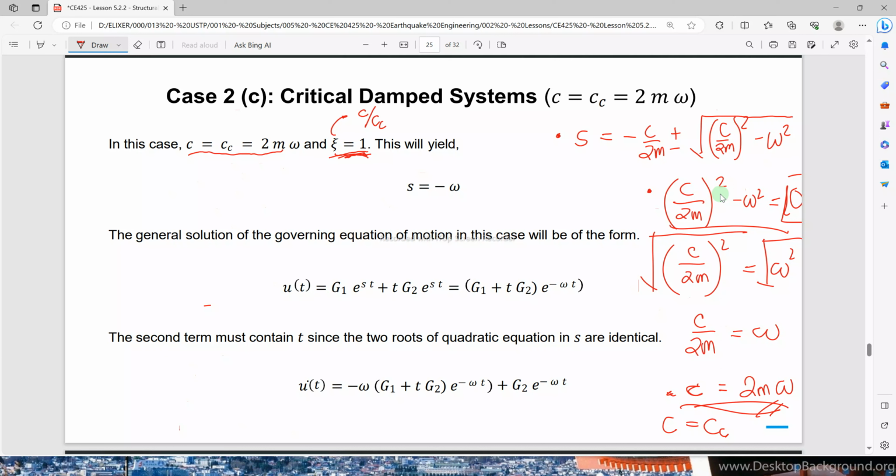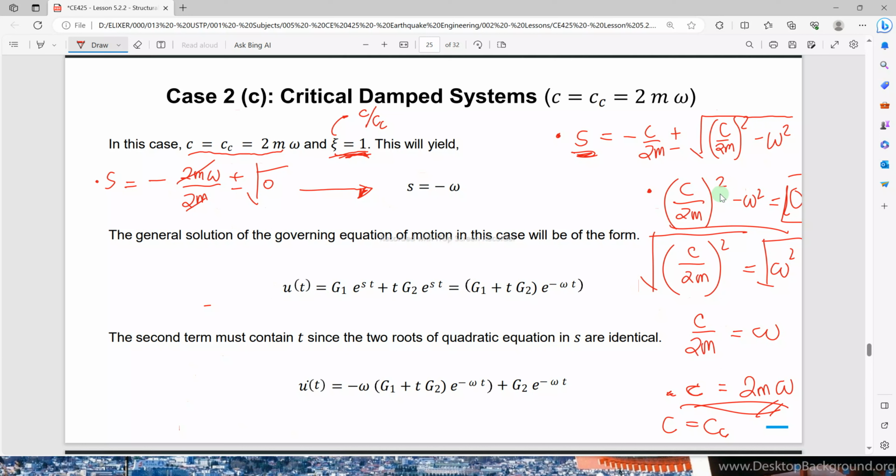And then our root s, if we just substitute the value of c, we have s is equal to negative c, and our c is 2m omega, over 2m plus or minus the square root of. And we know that the square root of our determinant is just 0. We just cancel out this 2m, and then eventually we'll come up with the solution that s, or the root of our auxiliary equation, is equal to negative omega.